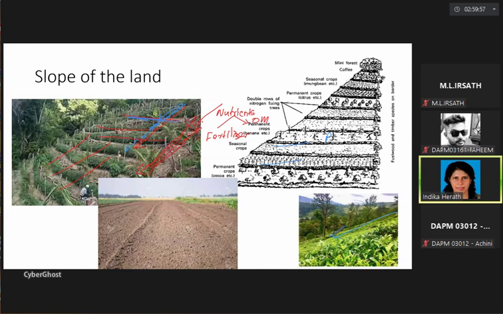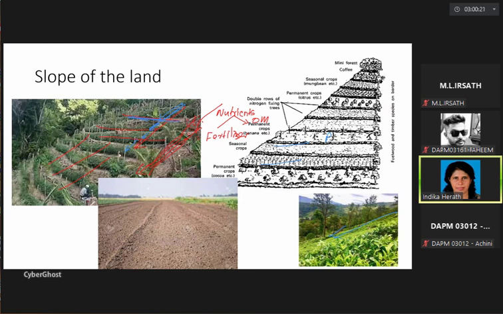Based on the area, you can have various different crops. You can see the permanent crops, citrus, and those kinds of perennial crops, so you then reduce the disturbance to the soil.